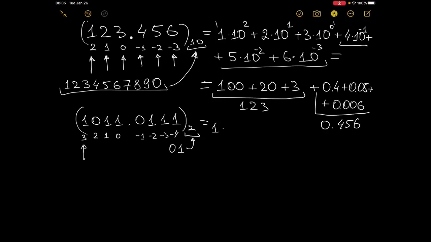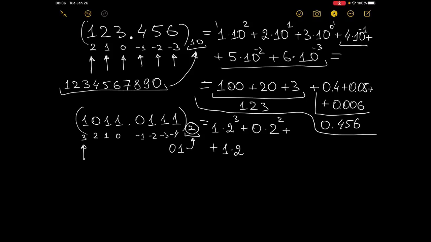So here, 1 multiplied by the base, which is 2 in this case, 2 to the power 3, plus 0 multiplied by 2 to the power 2, plus, let me separate it, plus 1 multiplied by 2 to the power 1, plus 1 multiplied by 2 to the power 0.